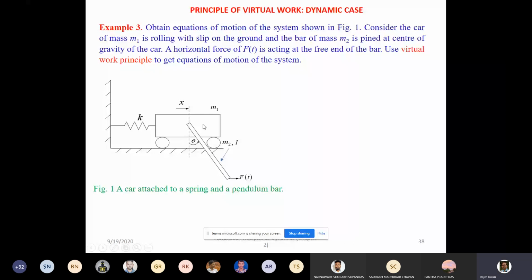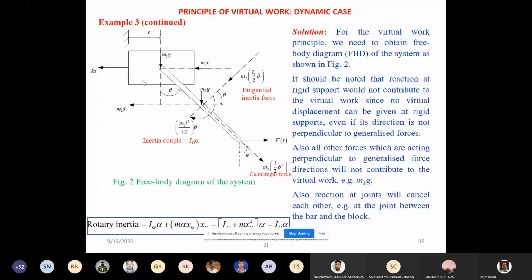So first, we'll take the free body diagram of this car along with the bar, and we'll apply all the forces acting on it. In the next slide, this is the free body diagram. This is the car mass and this is the bar.